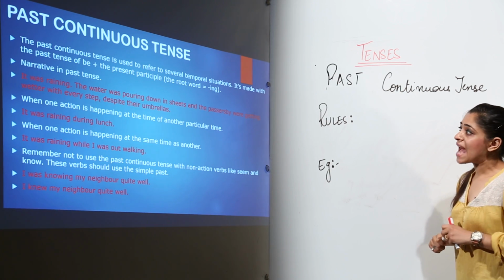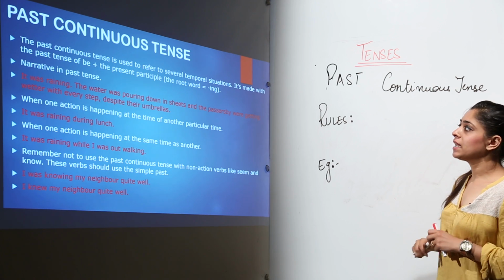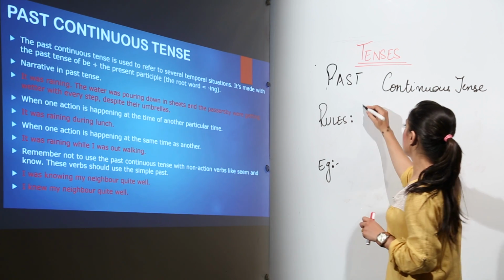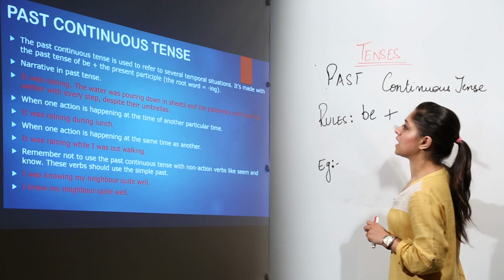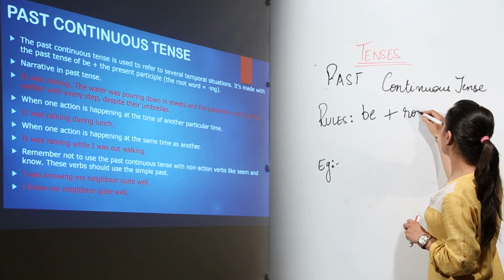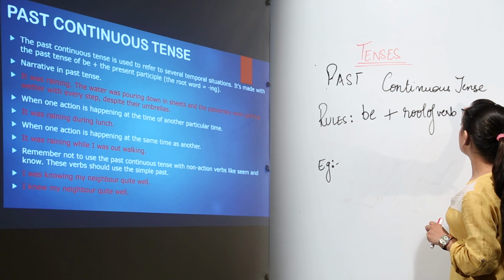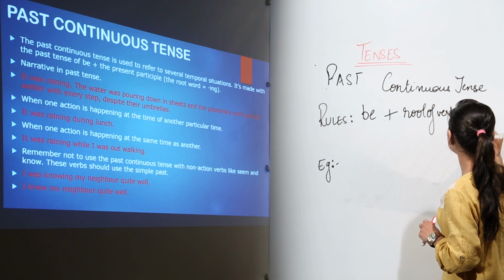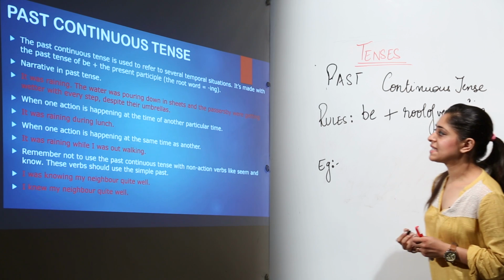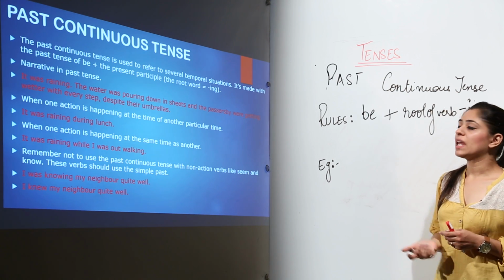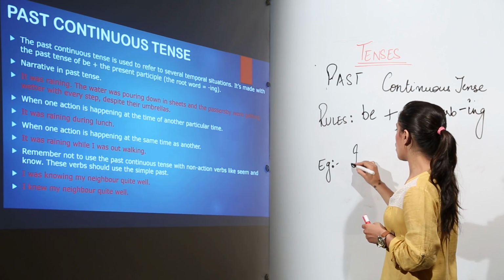Okay, so as per the rules, what we have seen, the past tense of be plus root form of the verb with ing. Let's take an example. It was raining during lunch.